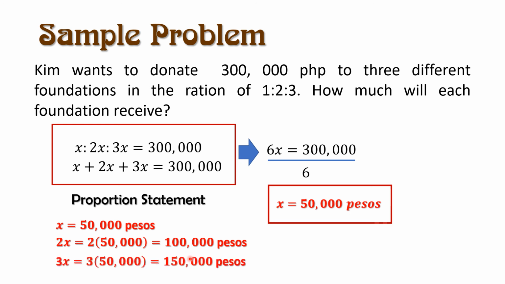And then for 3x, that is 3 times 50,000, which is equal to 150,000 pesos. So that is the whole process of solving problems involving partitive proportion. Okay, so the whole amount is being partitioned into parts.